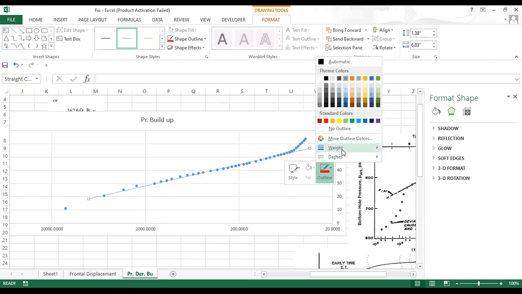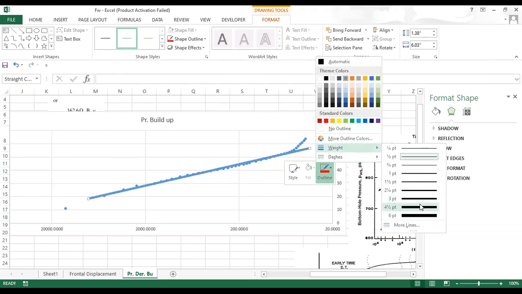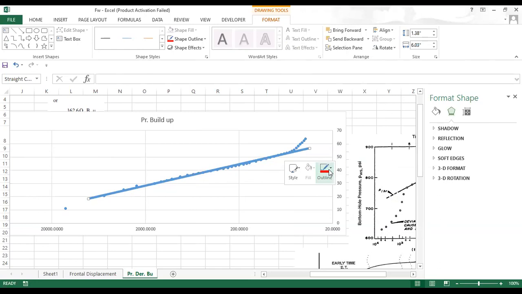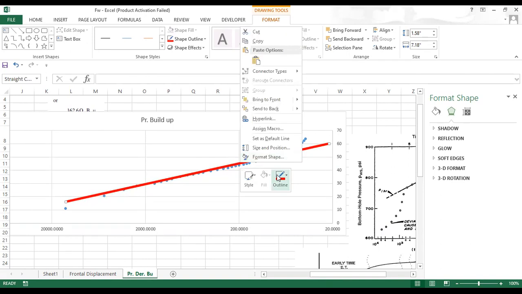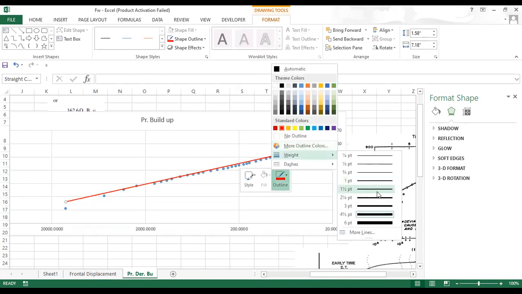I can increase the width of this one so that it will be understood even more, and I will change the color. So in that way, we can identify. You can see how this scale is being extended. It has to be on these points. Some points are deviating. The scale width is too high, so try to reduce the width.